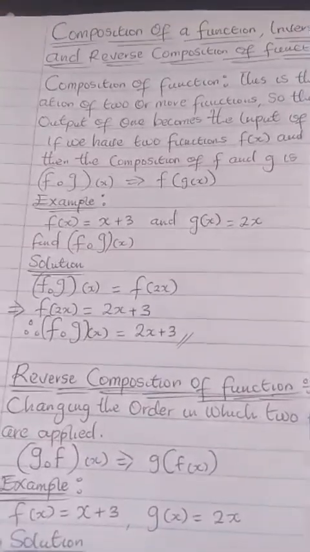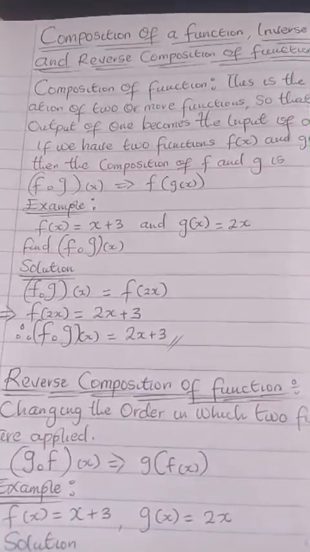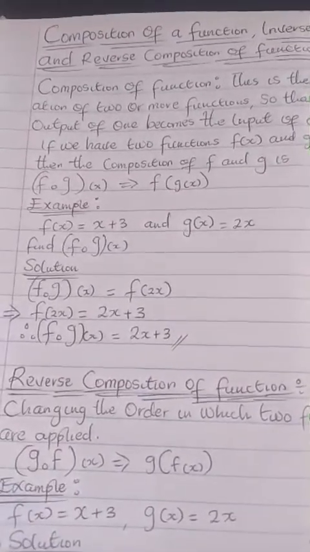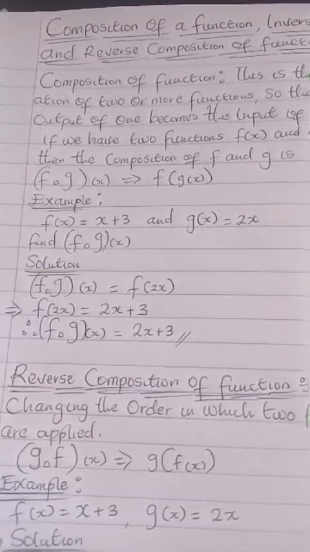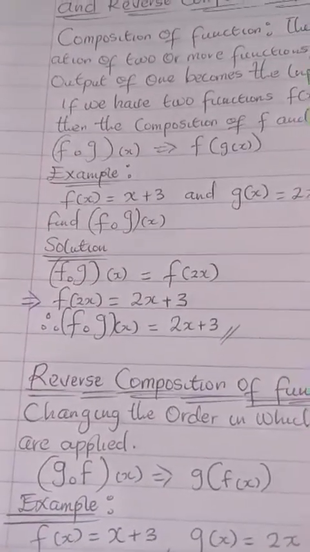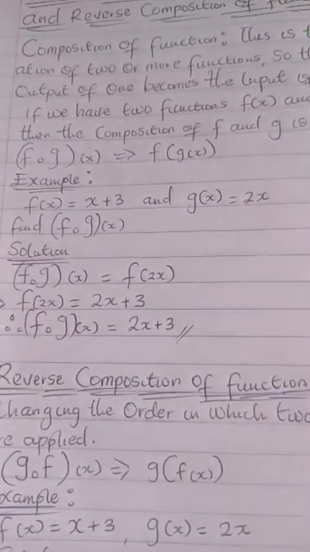Now, there is an example. f of x is equal to x plus 3 and g of x is equal to 2x. Find f of g of x. So this is how to do it. Now, we know that f of x is x plus 3 and g of x is 2x.